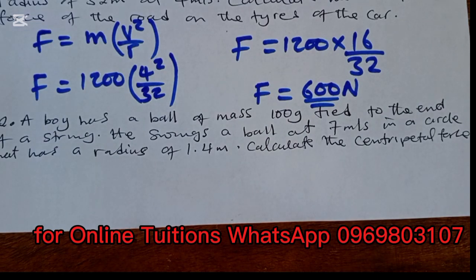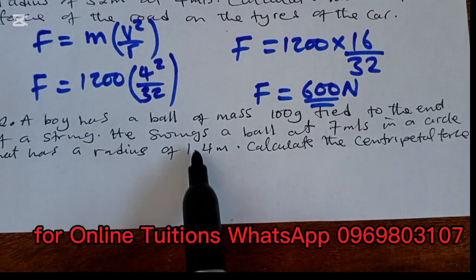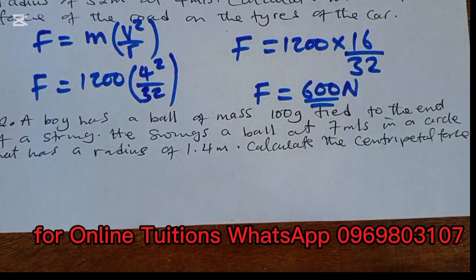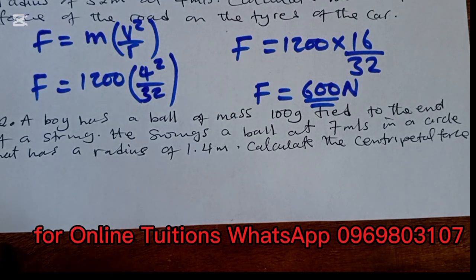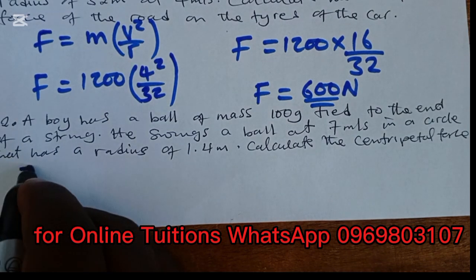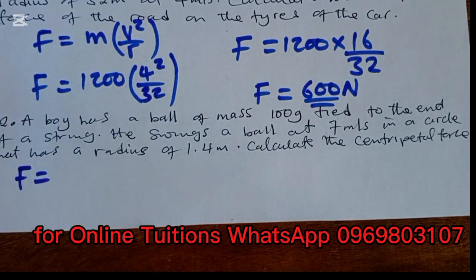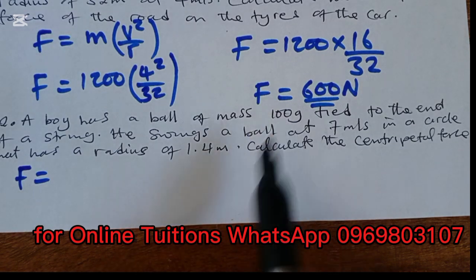Number 2, a boy has a ball of mass 100 grams tied to the end of a string. He swings the ball at 7 meters per second in a circle that has a radius of 1.4 meters. Calculate the centripetal force. So remember that your mass should be in kilograms.